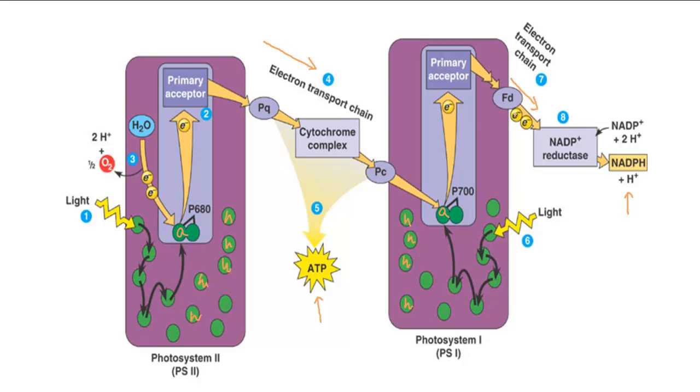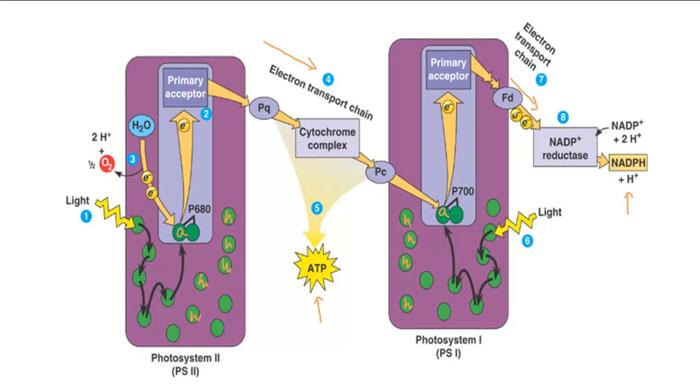And this will create the proton gradient that we're familiar with. But rather than creating it within the intermembrane space of the mitochondria, it creates it between the stroma and the thylakoid space. So the potential energy of the proton gradient can then be utilized for creating ATP as the protons flow through ATP synthase.